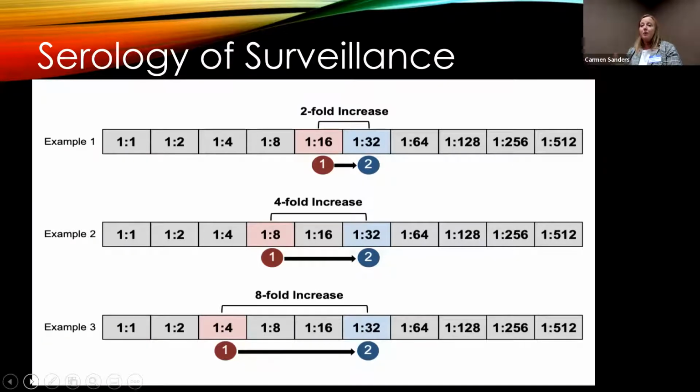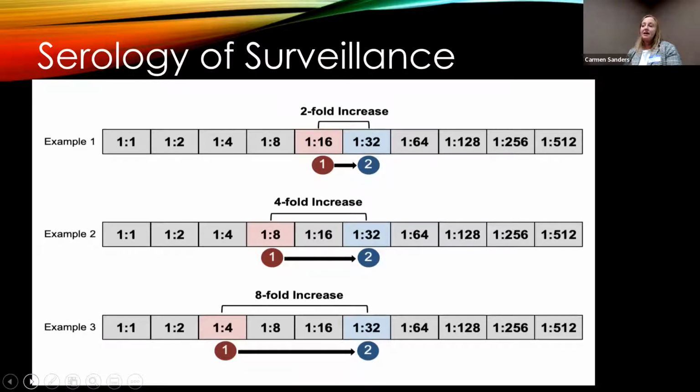So we get 1 to 1, 1 to 2, 1 to 4, 8, 16, 32, 64, and so on. And that's how the titers are counted out. That's just a standardization that they've done. And so when we talk about a twofold increase, that would be doubled. If we talk about a fourfold increase, that would be quadrupling, obviously, and on with the math.